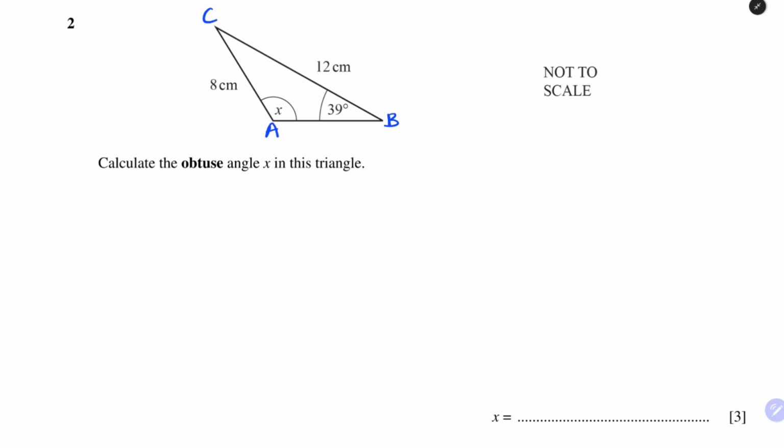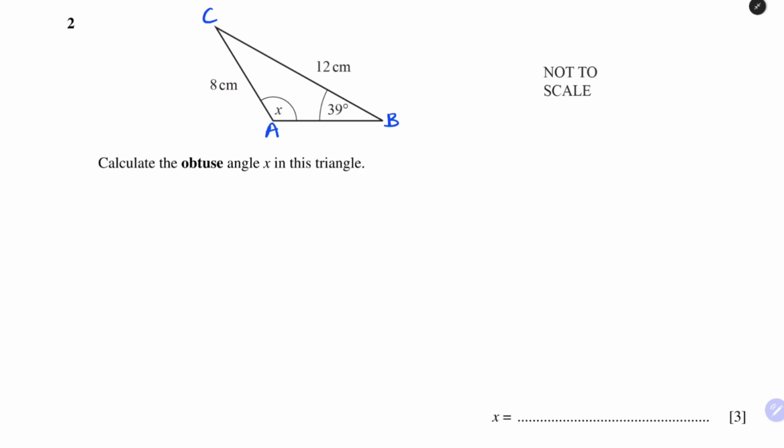We know two sides and an angle. And we can see that the 8 centimeters corresponds to the 39 degrees. So we have a corresponding pair and another side. Given this information that we have, it is appropriate for us to use the sine rule.